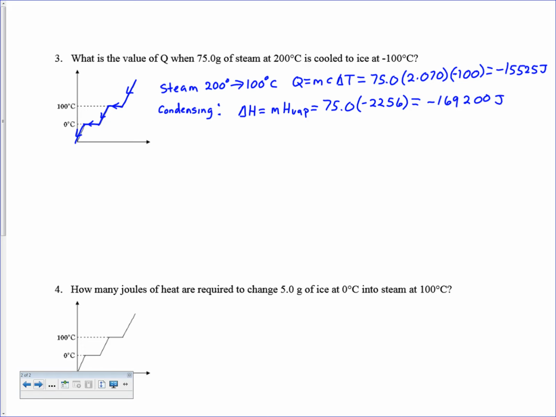Step 3, we've got water, and it is going from 100 degrees Celsius down to 0 degrees Celsius.